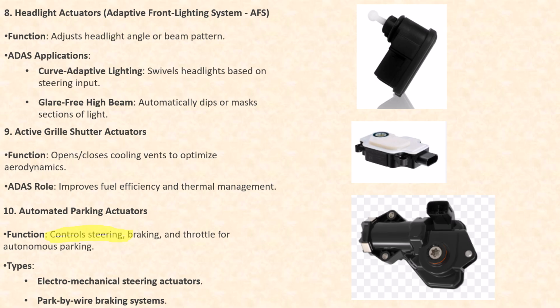But there are some high level vehicles where even braking and throttling are taken care of by the vehicle itself. But the most important is steering, and this is controlled by electromechanical or park by wire braking systems. Park by wire braking systems are a very state of the art technology which is used in some high end luxury cars.